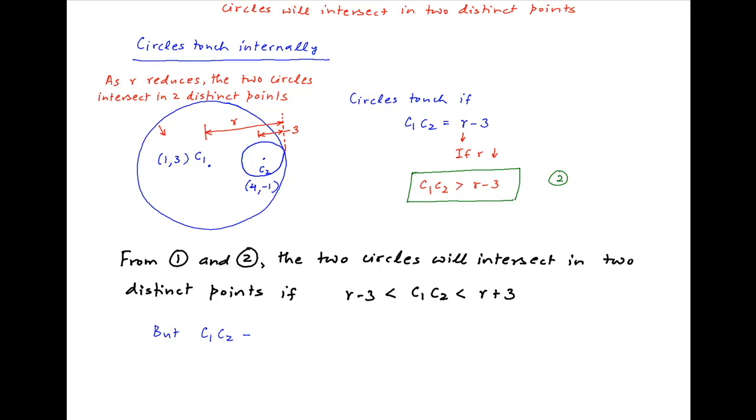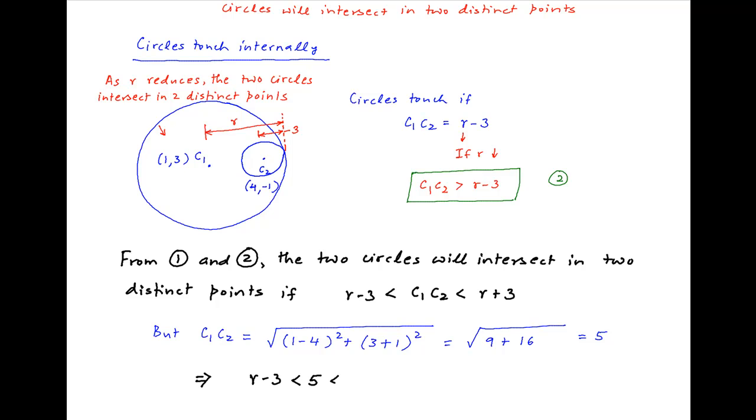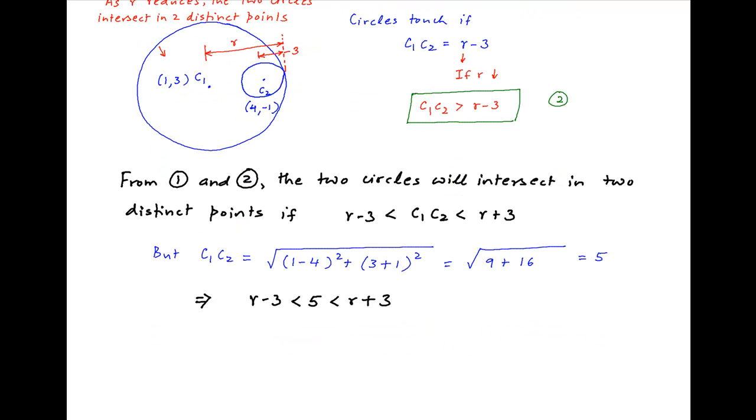But C1C2 is equal to the distance between the points (1, 3) and (4, −1), which is equal to the root of (1 − 4)² + (3 + 1)², which is equal to root of 9 + 16, which is equal to 5. Therefore, r − 3 is less than 5 is less than r + 3.